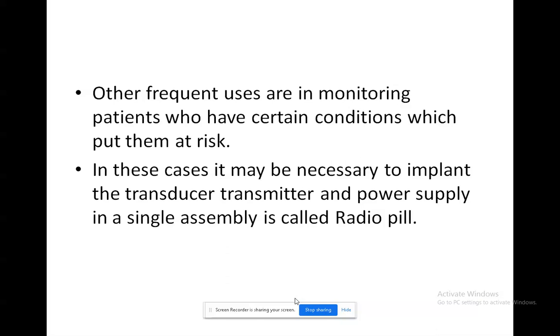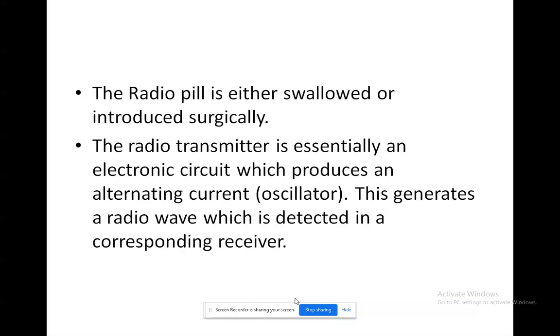That biosignal will be converted into an electrical signal by the transducer present in the radio pill, and sent through the telemetry system to the doctor, that is the receiver, who will be doing the treatment on the basis of your collected data. The radio pill is either swallowed or introduced surgically, through surgery.